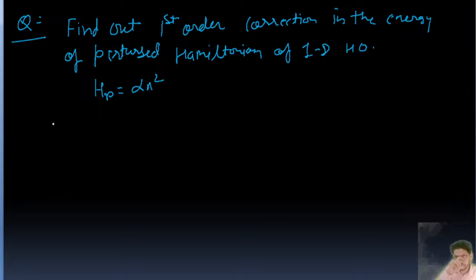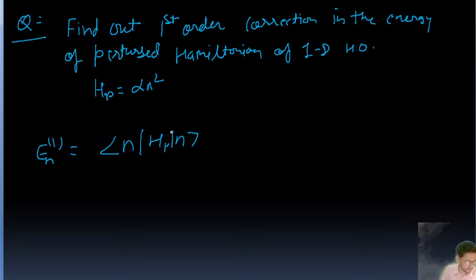So simple. So we need to find out the first order correction, right? So En1, and that is going to be very simple, right? This is a harmonic oscillator, so this is going to be <n|Hp|n>. We know Hp is alpha x square, and n is the state for the 1D harmonic oscillator, right?